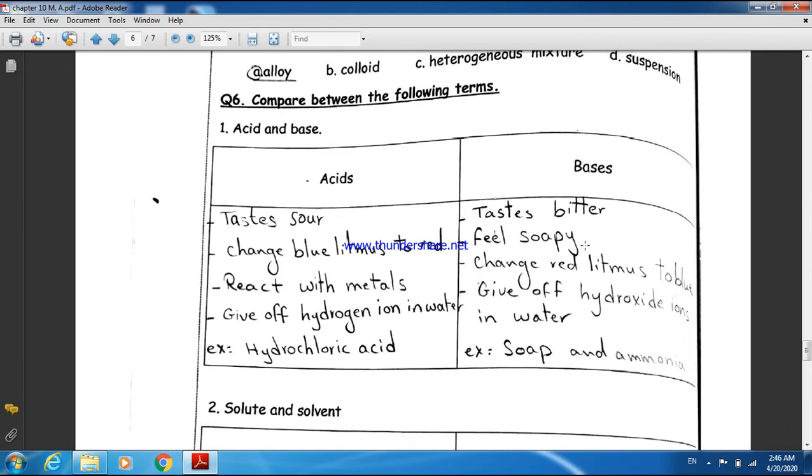So this is how to test for the base. Give off hydroxide ions. So when you put bases in water, they produce hydroxide ions. Example, soap and ammonia.